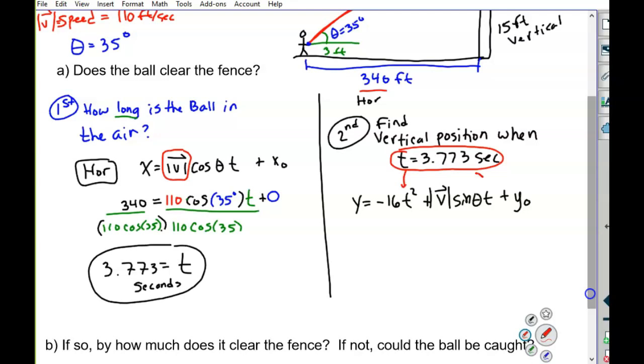So we're going to plug t in every spot here. And then we also know the speed at which the ball left, so we're going to call that 110. We know the angle at which the ball left the bat, which is 35 degrees.